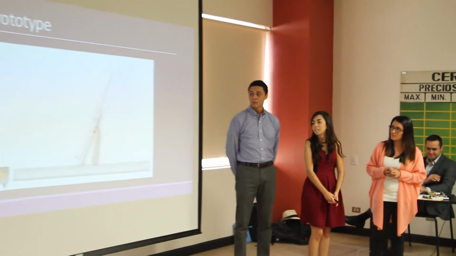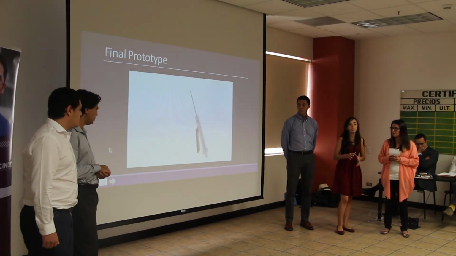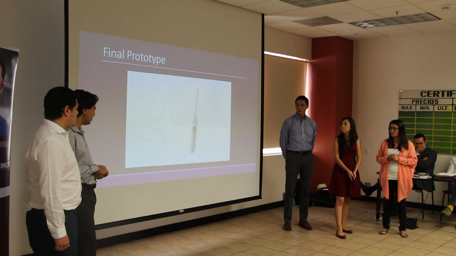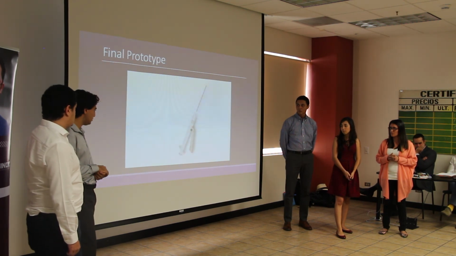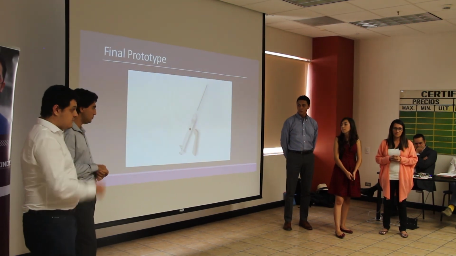However, through screening matrices, we came to our final prototype that looks like this. It's basically the same with a handle. It has a buzzer and it has lights for the alarm system.